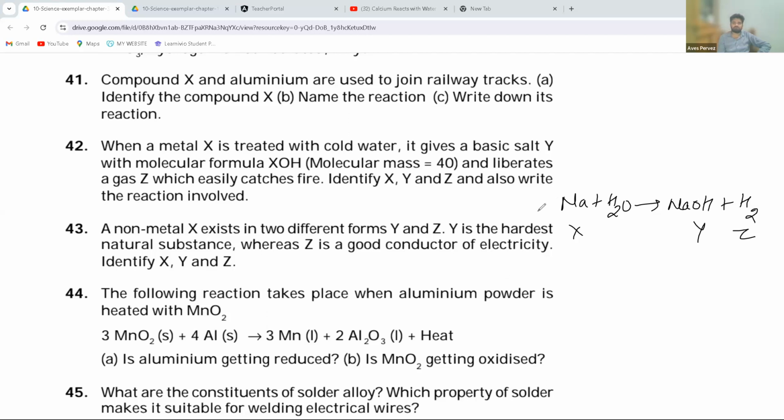It is a redox reaction. We had written it unbalanced. Now we have 2 sodium, 4 hydrogen, so it should be 2 water here. Done?